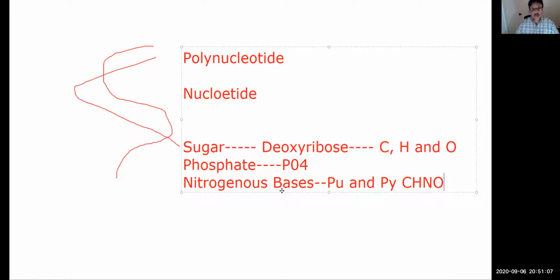Yes, polynucleotide, nucleotide, but what is the building block? It is carbon, hydrogen, oxygen for sugar. For phosphate, it is phosphorus and oxygen. For nitrogenous bases, which are purine or pyrimidine, it is nitrogen, carbon, hydrogen, and oxygen. The point I'm trying to make here is that we can use phosphorus as an isotope, high energy, P32.